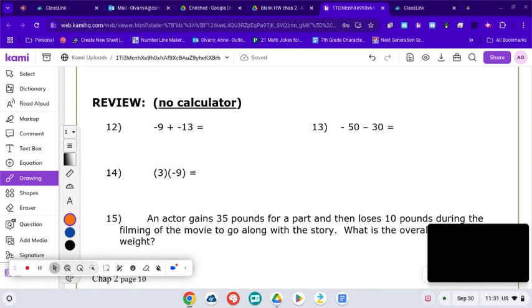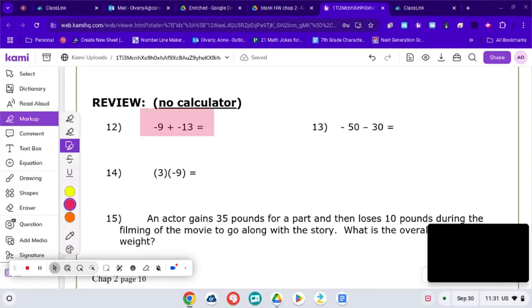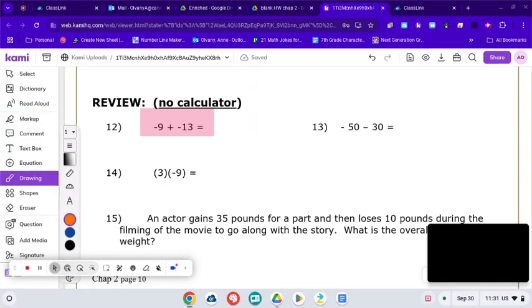All right, so when we look at this one right here, same signs, add and keep, 9 plus 13. You can come over to the side if you want. You can do it in your head if you want. Okay, keep the sign.